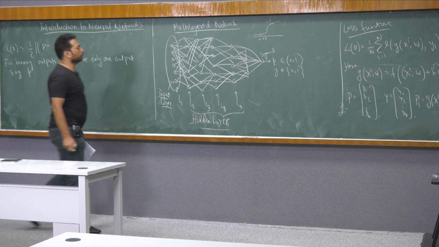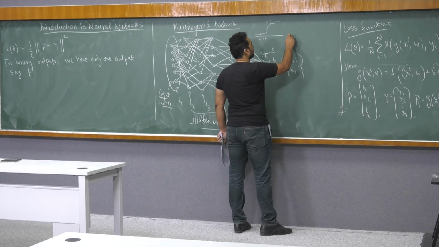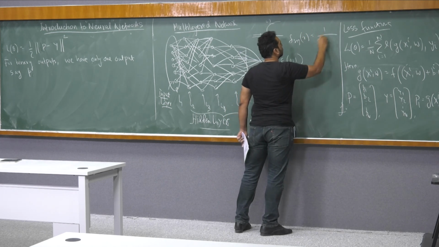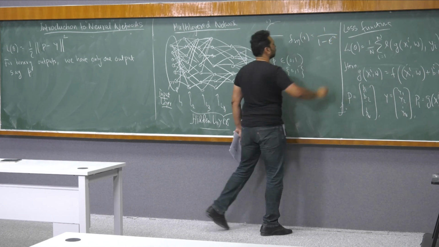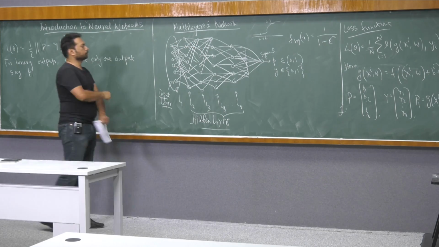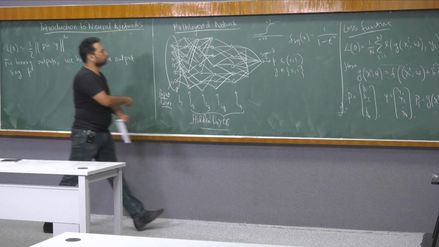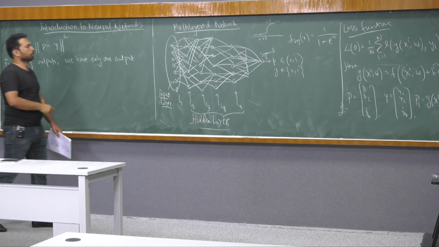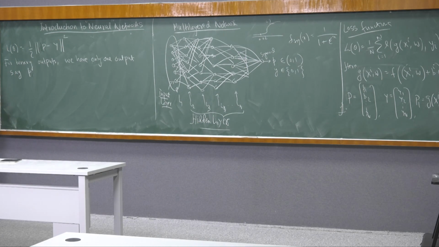The sigmoid function f_sigmoid(x) is 1 divided by 1 plus e to the minus x. So basically it is between 0 and 1, and it will give you some kind of probability value. So in binary classification we have only one output, and these are probability values between 0 and 1.